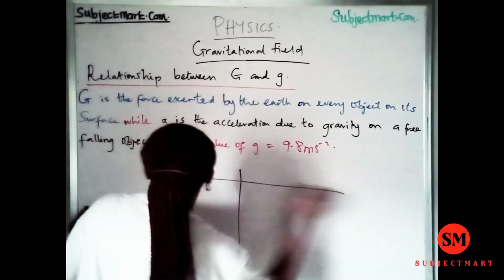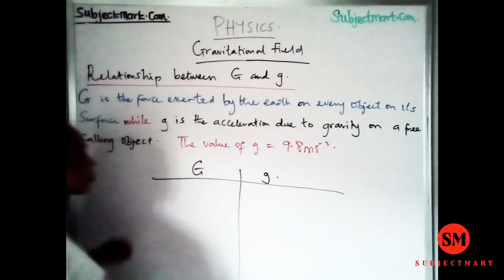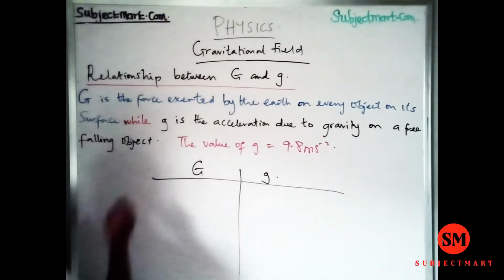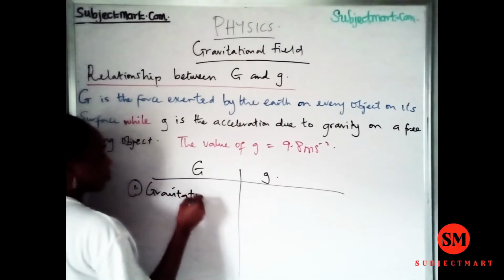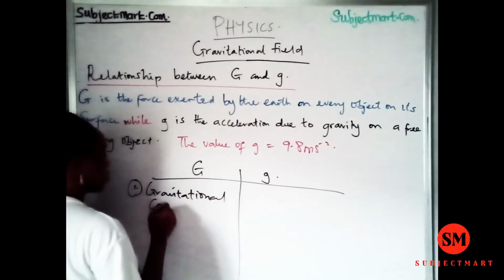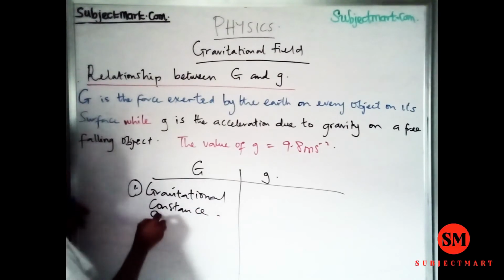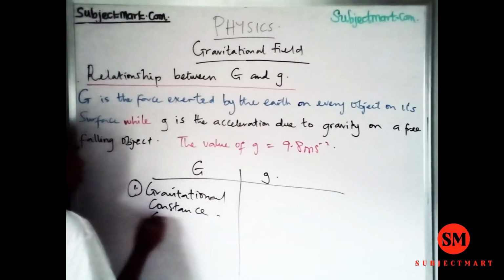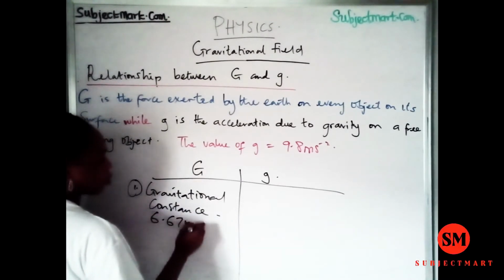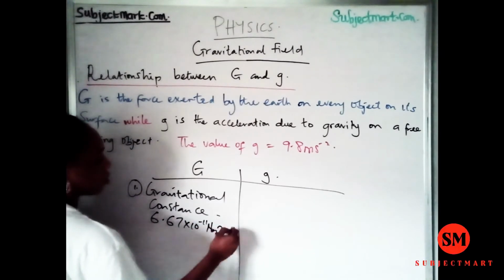Now quickly, I would just like to clarify again the difference between capital G and small g. We learned earlier that the capital G is the gravitational constant, and that is given by 6.67 times 10 raised to the power minus 11 Newton meter squared per kilogram squared.